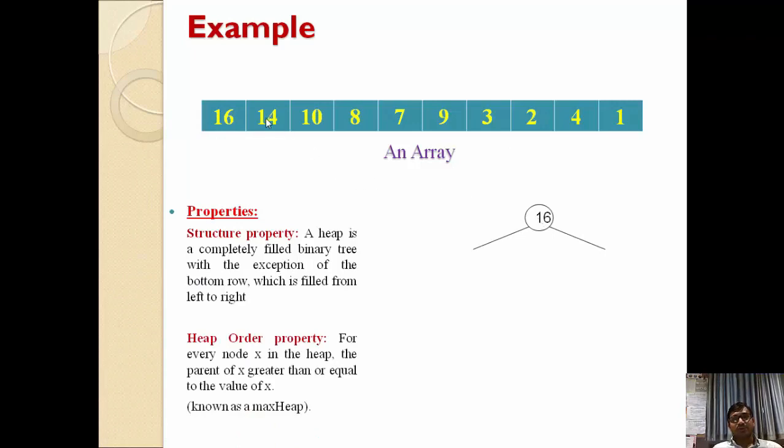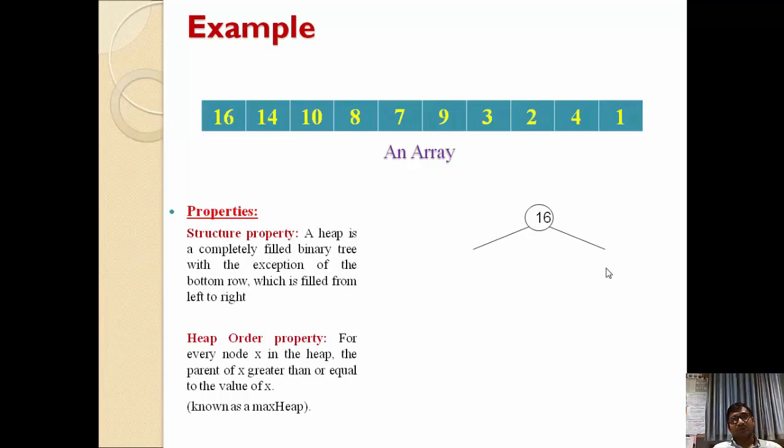Then we have to store 14, 10, 8 and so on, but it must be from left to right. In our binary tree we can have a maximum of 2 children, so 16 has a left child and a right child. First we store 14 as the left child and 10 as the right child.